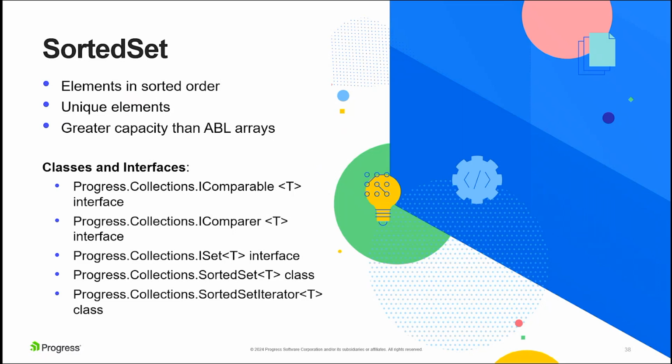Also, all the APIs pertaining to the sorted set like add, get, remove have been added to the sorted set class, that is Progress.collections.SortedSet class. Similar to the list iterator for list collection, we have a sorted set iterator for iterating through the sorted set collection object.